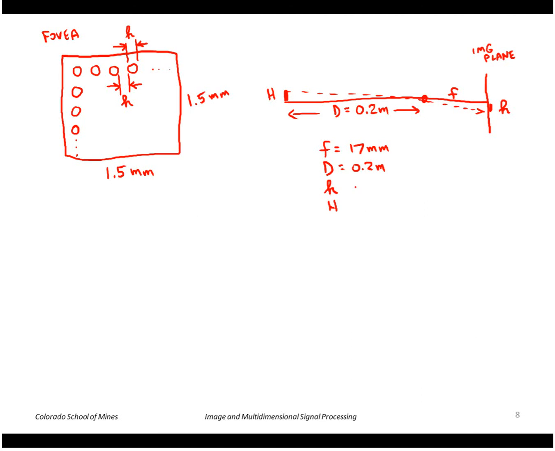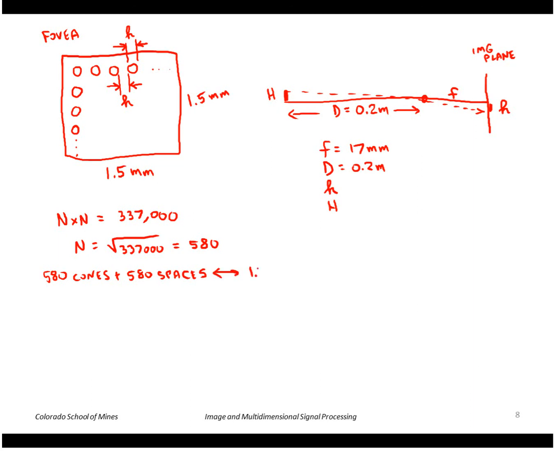We can find out little h from the dimensions of the fovea, though. The fovea is a square array, n by n, which is 337,000 cones. So n is the square root of that, which is about 580. So I have 580 cones plus 580 spaces between the cones in a dimension of 1.5 millimeters.